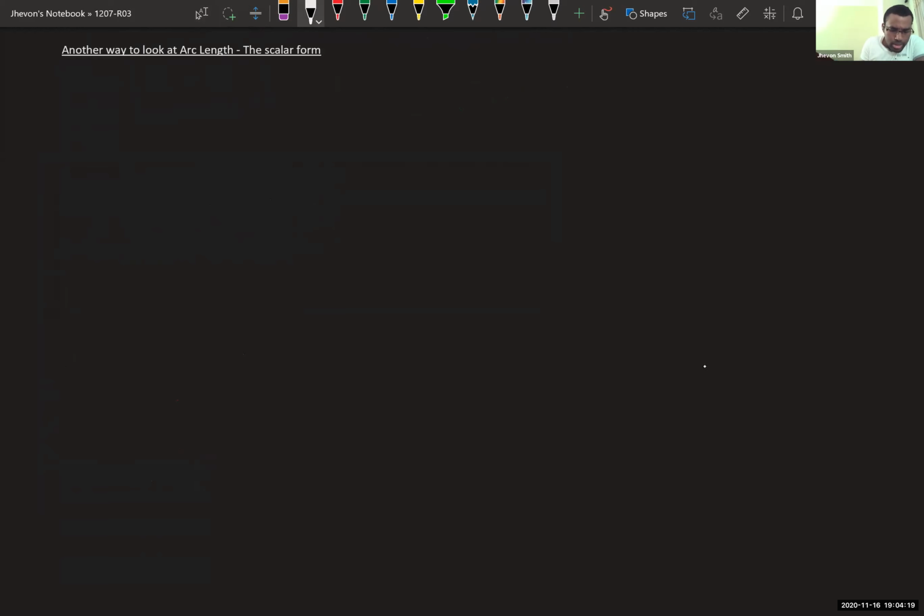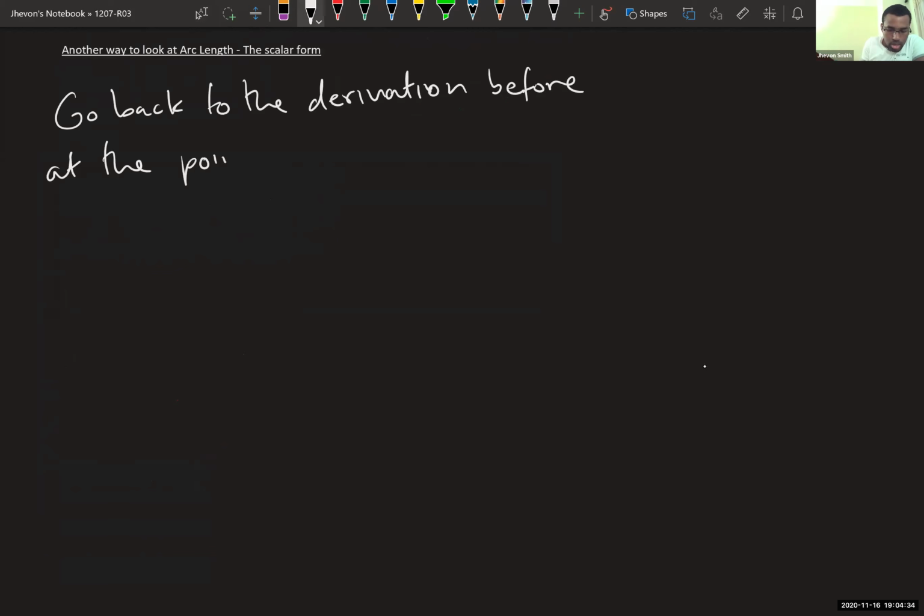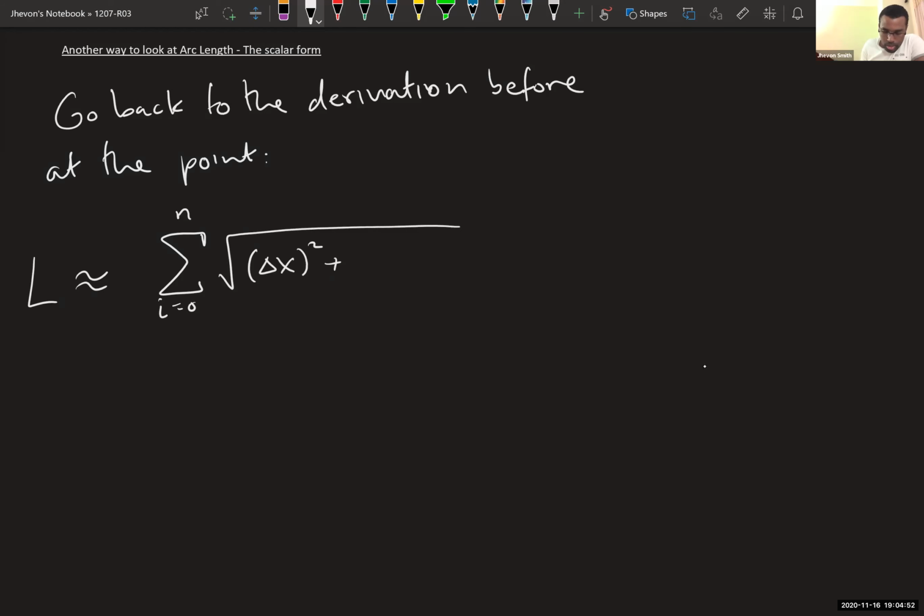So there was a point where we had the sum of i goes from 0 to n, and the length was approximately equal to the square root of delta x squared plus delta y squared.